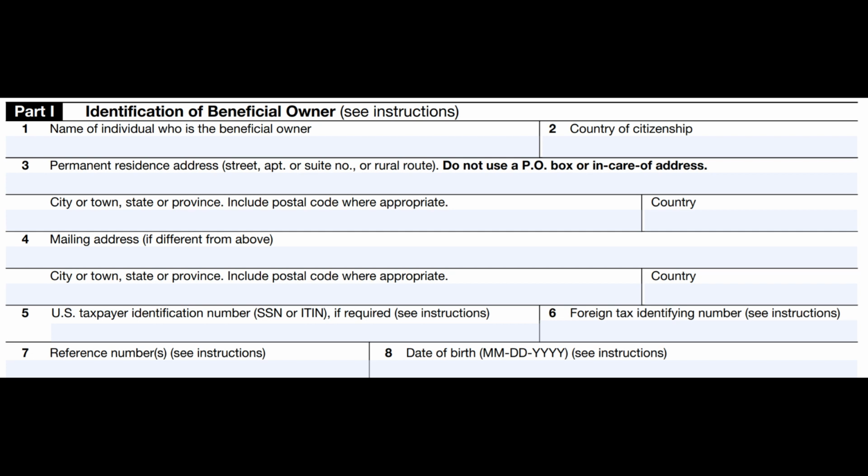Line 2, Country of Citizenship. This seems to be self-explanatory, but it's not. The instructions say that if you are not a tax resident in your country of citizenship, then you should input the country where you were most recently a tax resident.